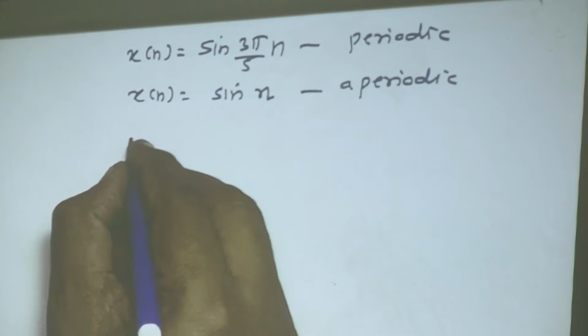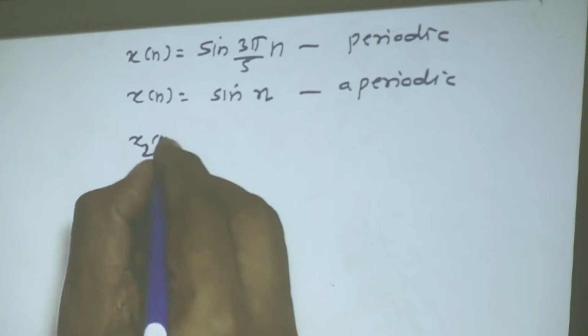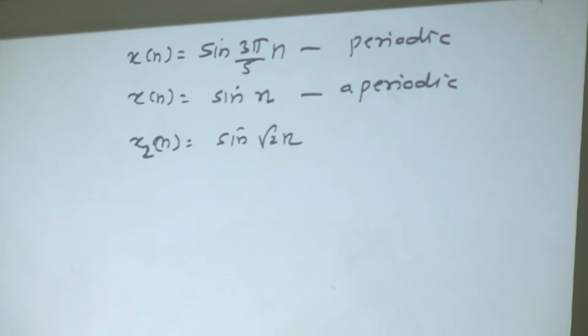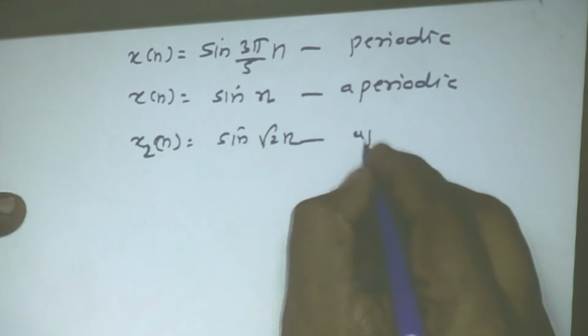Check whether the following signal is periodic: x2 of n is equal to sine of root 2 n. It's also an example of an aperiodic signal.